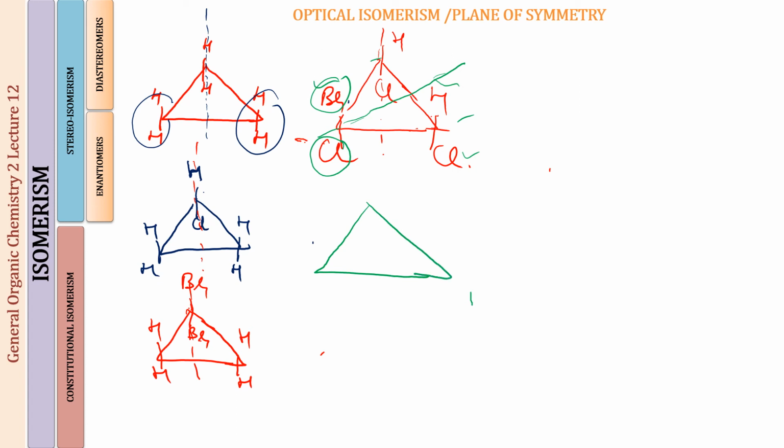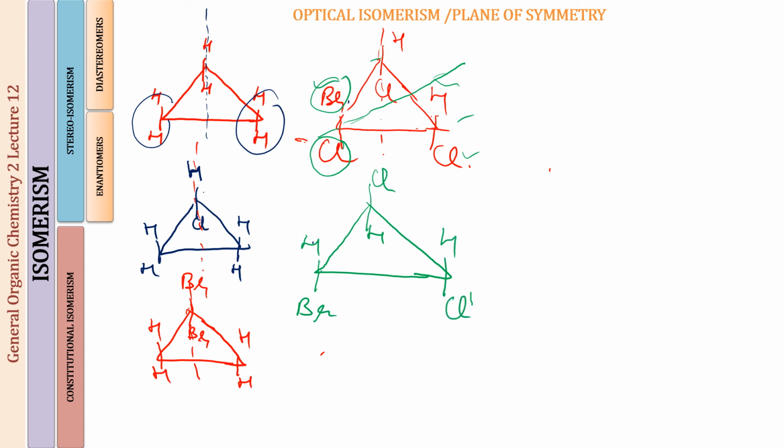So this I have Cl, an H this way, an H and a Br, and an H and a Cl.